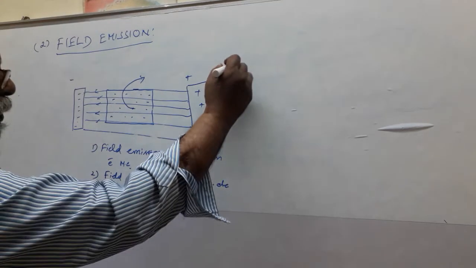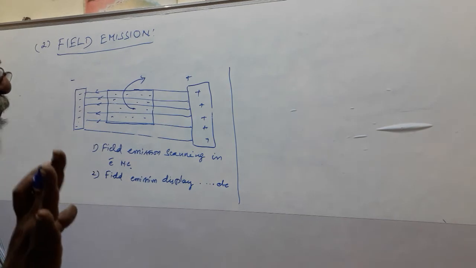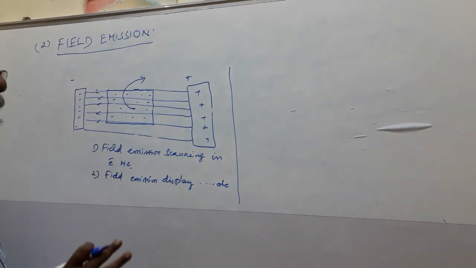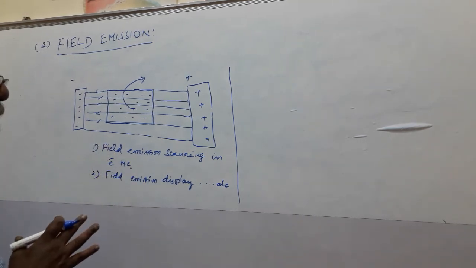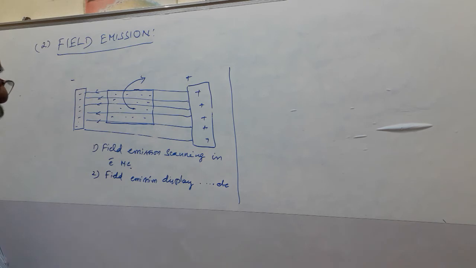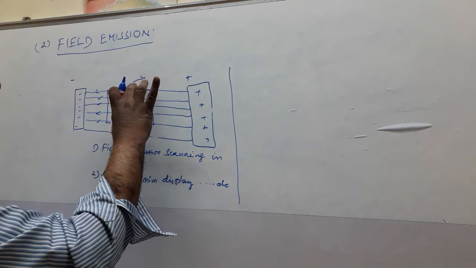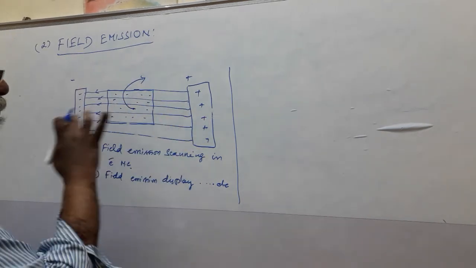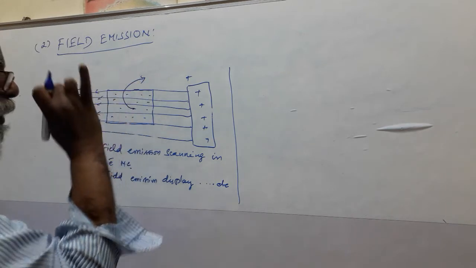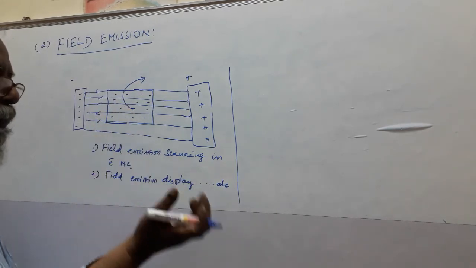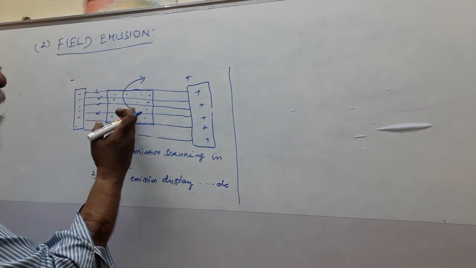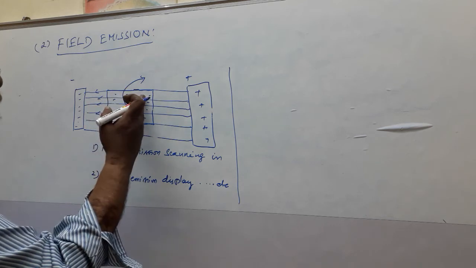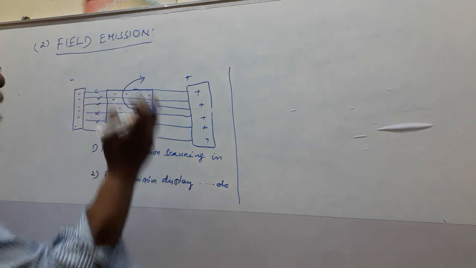Now once again I conclude: imagine two plates given positive and negative charges, so that there is a high intensity electric field. When you place this metal between the plates, inside the high intensity electric field, the free electrons absorb sufficient energy from the field to break the surface barrier and come outside the metal.